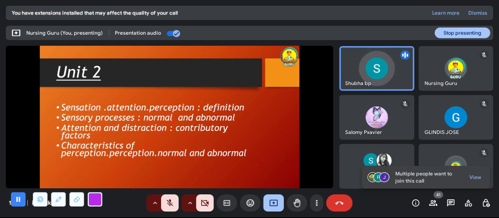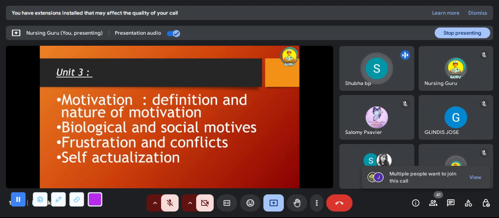This is also very much important in unit 2. In unit 2 they may ask attention, or sometimes they may ask perception. So these are the two important topics in unit 2.